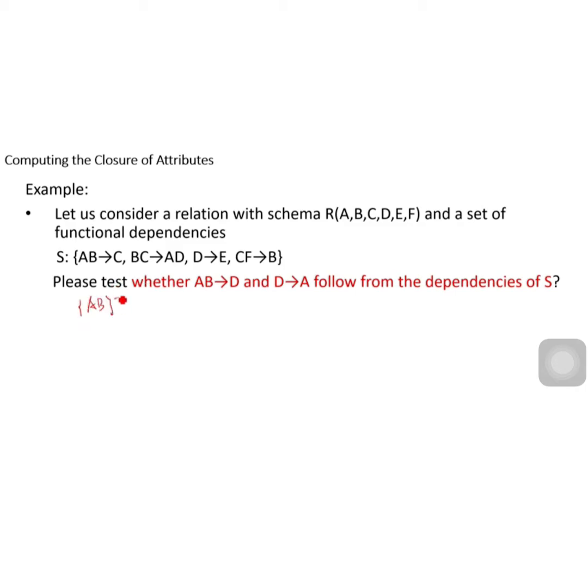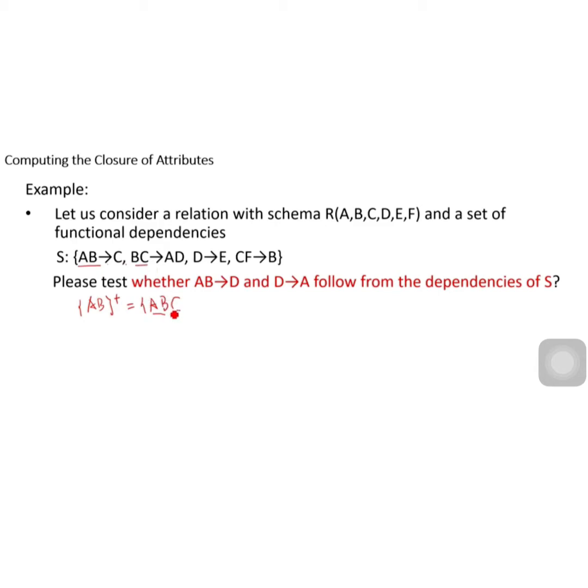The closure of AB, the basis is AB. Now let's look at each FD in S. AB functionally determines C. AB is a subset, so we add C here. BC functionally determines AD.